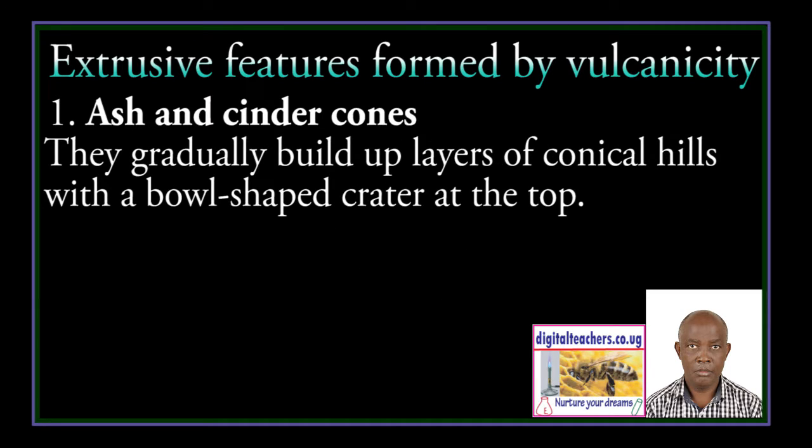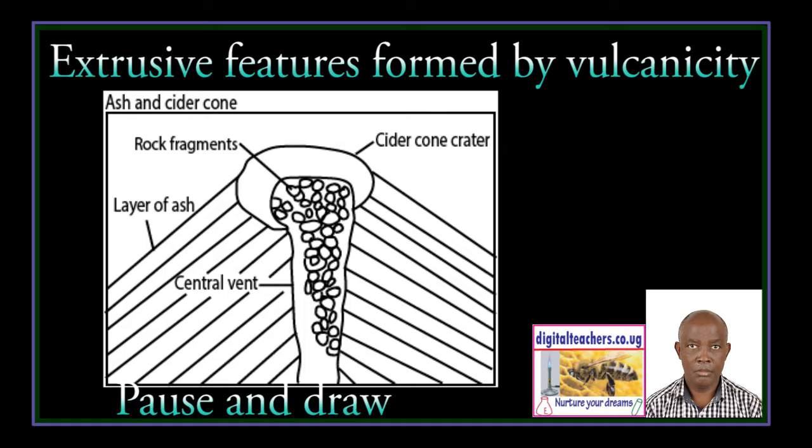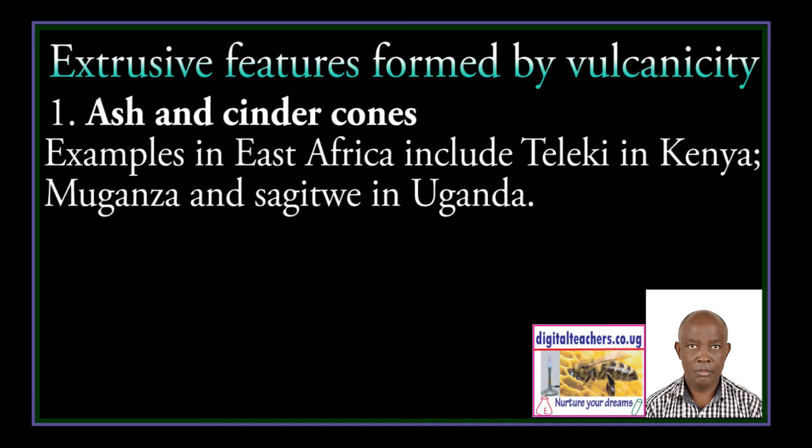They gradually build up layers of conical hills with a bowl-shaped crater at the top, as illustrated below. Examples in East Africa include Teleki in Kenya, Muganza, and Singwite in Uganda.